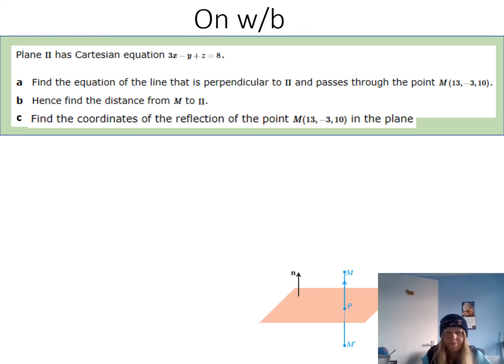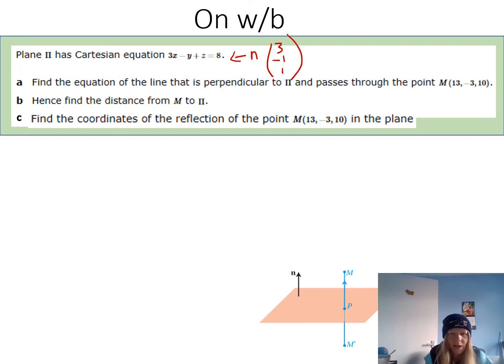So here's another one. You try on your whiteboard. Given that's the equation of your plane, find the equation of the line which is perpendicular to this plane which passes through that point. So that's going back to the first bit of what we've been doing in this lesson. So remember, your n for that one will be 3, minus 1, 1.